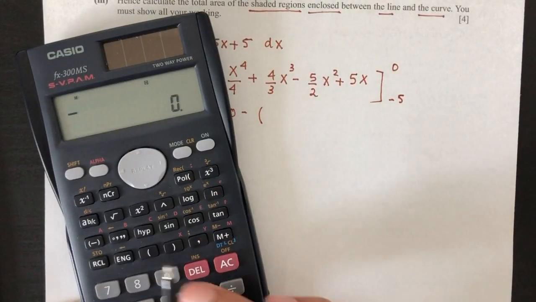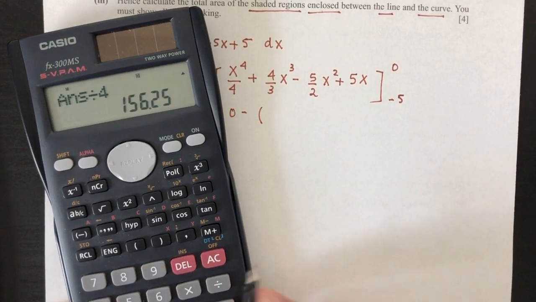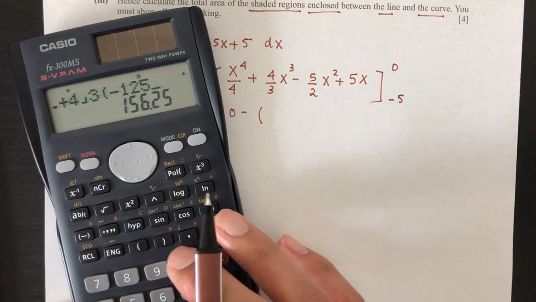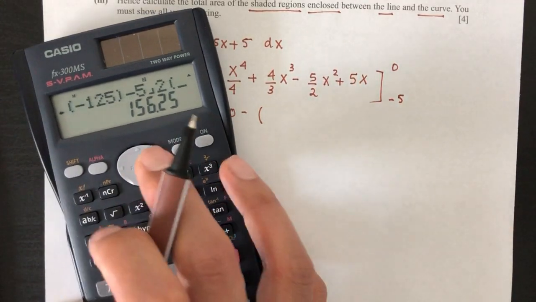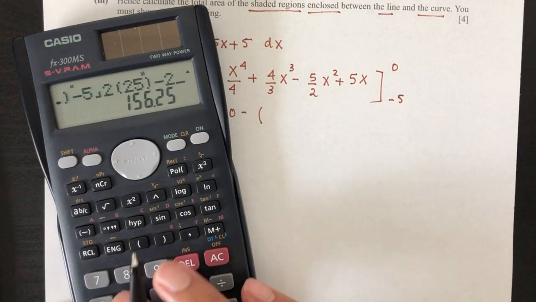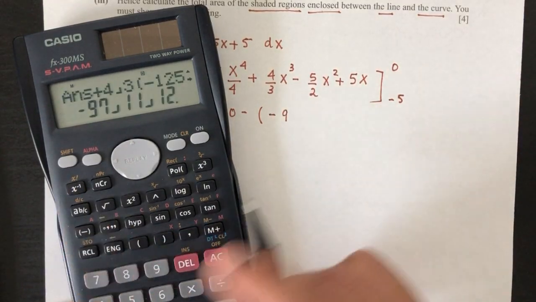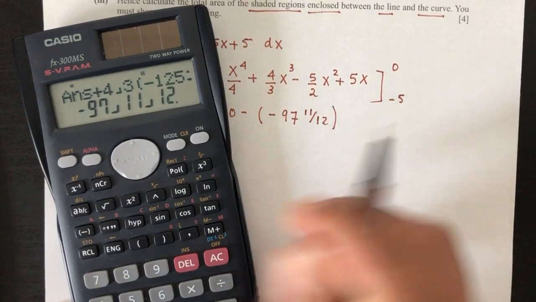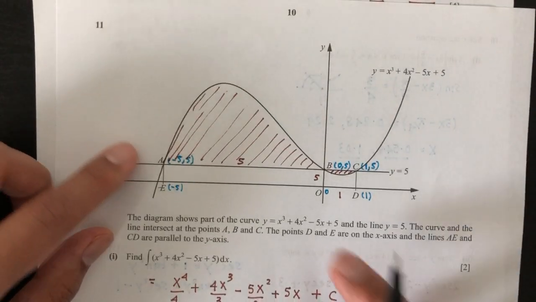So we have 5 to the power 4 divided by 4 plus 4 over 3 times minus 125 minus 5 over 2 times 25, plus, sorry, minus 25 again. That will be minus 97 11 over 12. That will be the area under the curve for these 2 points.